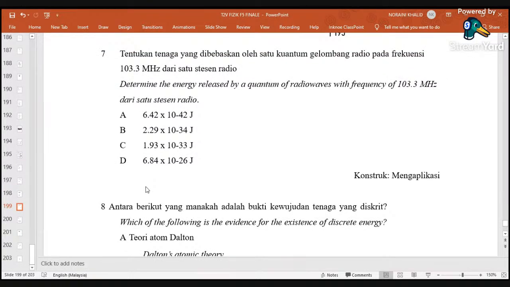Number 7, determine the energy released by a quantum of radio wave with frequency 103.3 megahertz, from a radio station. E equals hf. The Planck constant is 6.63 times 10 to the power of negative 34. The frequency is 103.3 times 10 to the power of 6, mega.